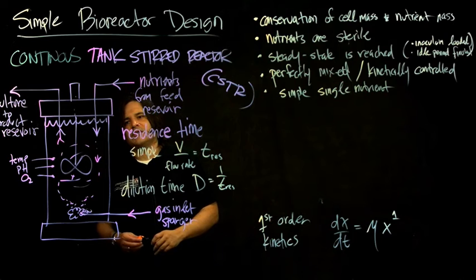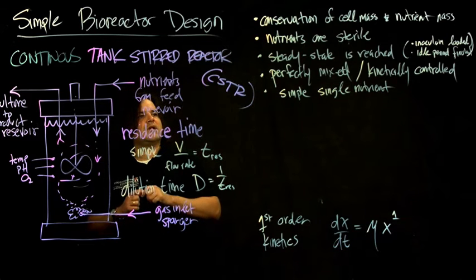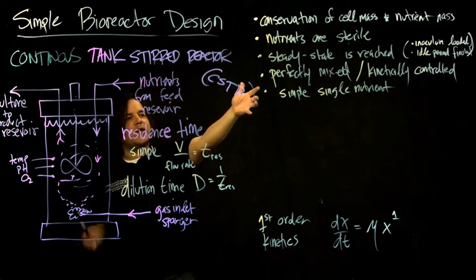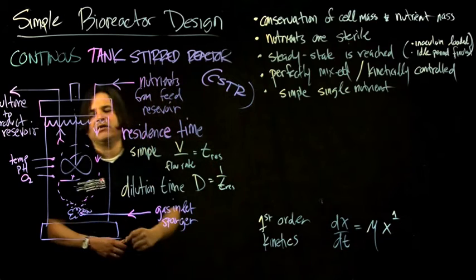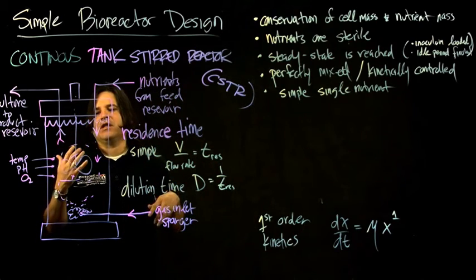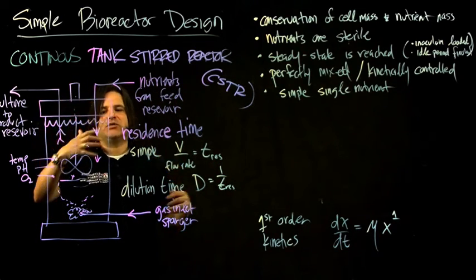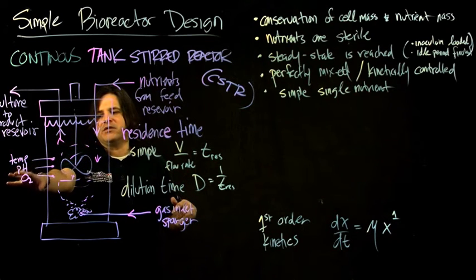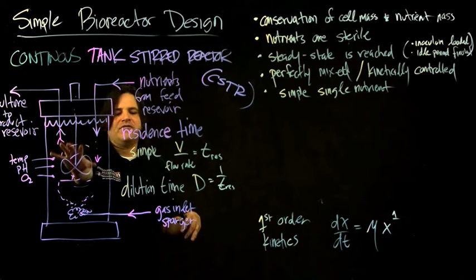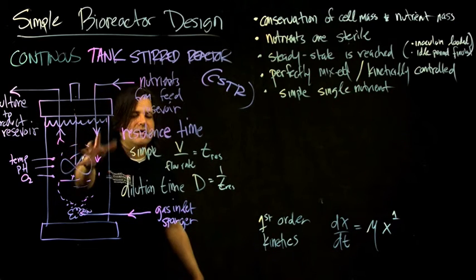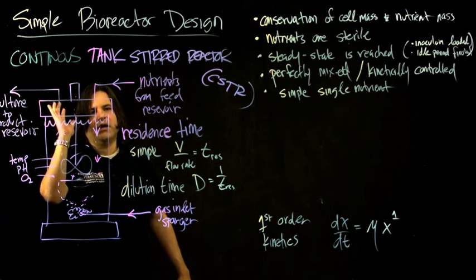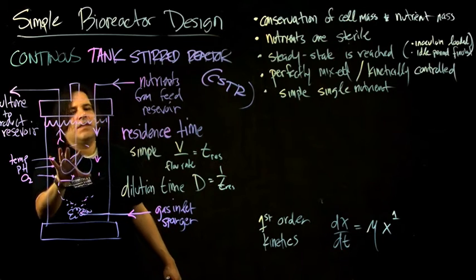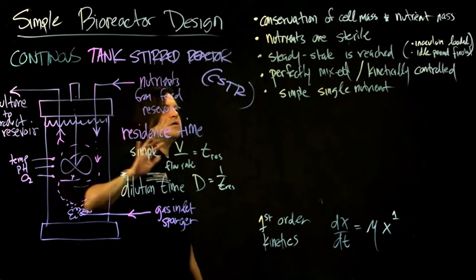So for all those assumptions, this is how we operate. If we have an ideal reactor, which is not always perfect, but in large-scale industry, of course, we want good mixing. We want a steady temperature, steady oxygen. So we strive for this, and this is reached for the most part. It's never perfect, but that's what they're designed for.